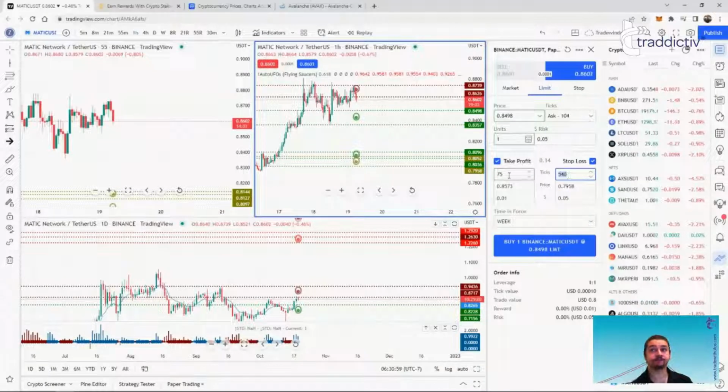Right now, if we want to do what we love doing, which is taking half off, that's completely fine as well. We're going to be risking 150 again, and that gives you about 2,778 units or tokens for this entry point here, and how much we're risking.